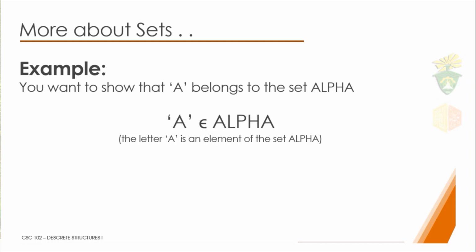Okay? Which is read as the letter A is an element of the set alpha. Meaning this set element or this object belongs to the set alpha. The epsilon here is read as the element of.